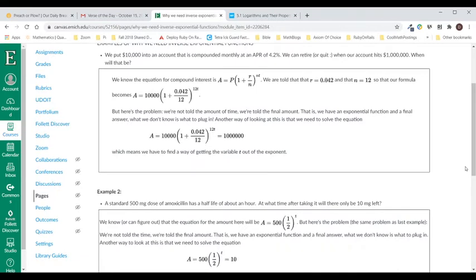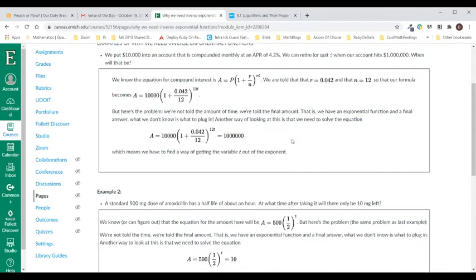We can retire when our account hits $1 million. When will that be? Well, we got an equation for the compound interest. We know we're supposed to hit $1 million. What we would have done last week, and really that's just as good as what we're doing now, we would just graph the left-hand side, graph the right-hand side and see where they cross.